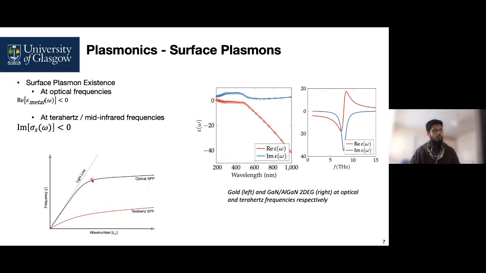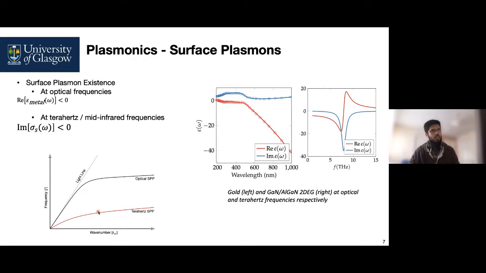If we observe surface plasmons in the optical frequencies, we see that we have a certain amount of subwavelength capability. But if we compare that with surface plasmons existing in the terahertz frequency range, the terahertz surface plasmons are much more subwavelength as compared to the optical counterpart.